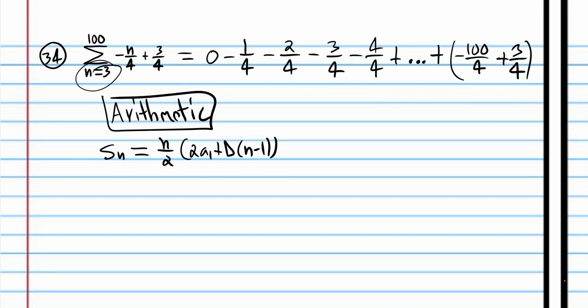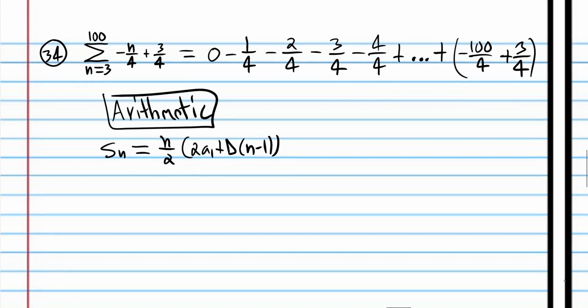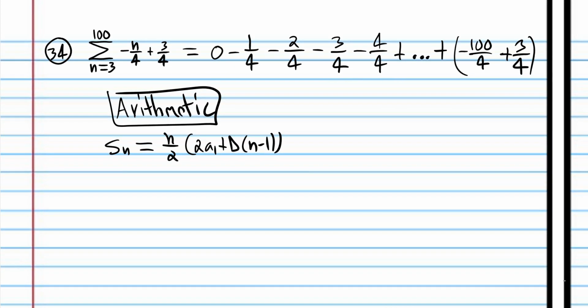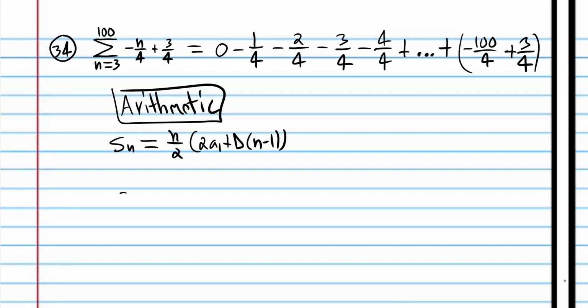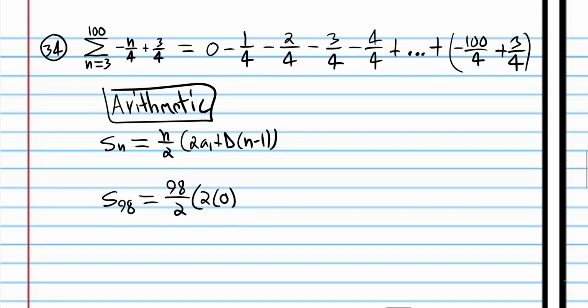If it were 2, we'd have 99 terms, but because it's 3, we're going to have 98 terms. So we're adding a total of 98 terms. I know that's confusing. 0 is the first term. And you can see that we're just subtracting 1/4 each time. That's the common difference.